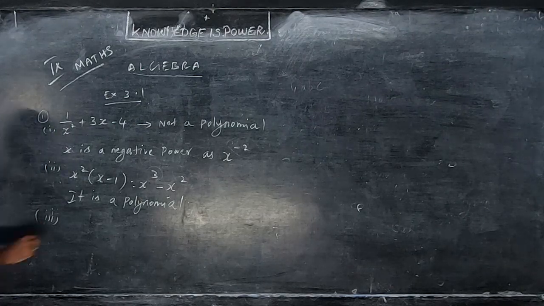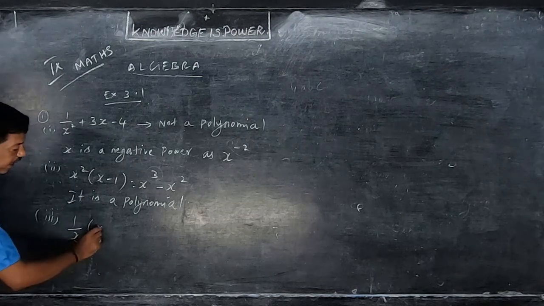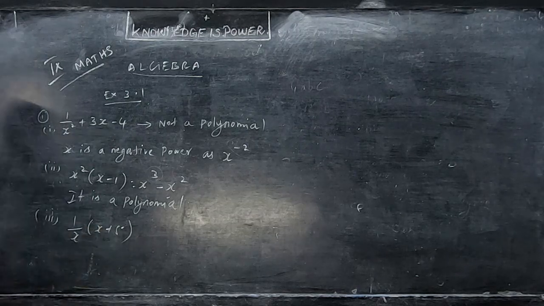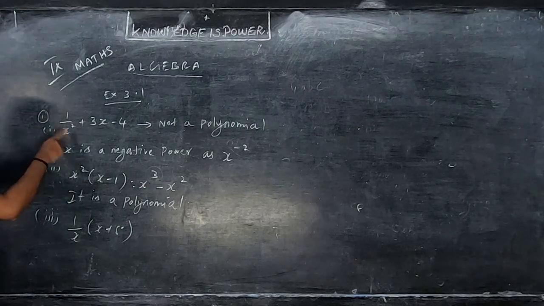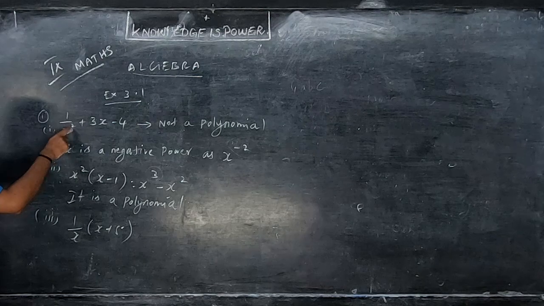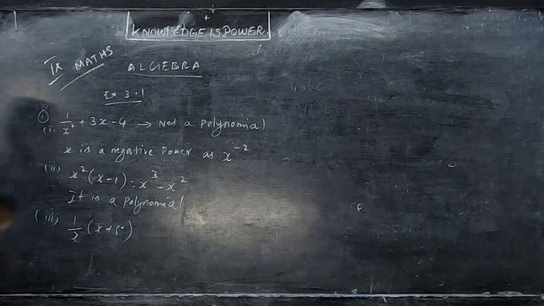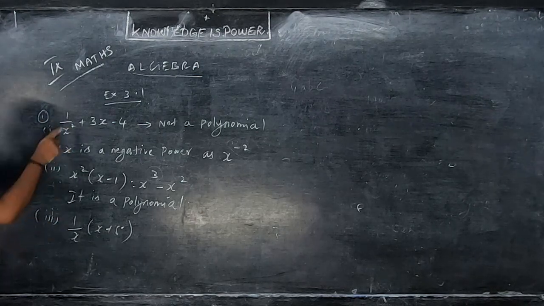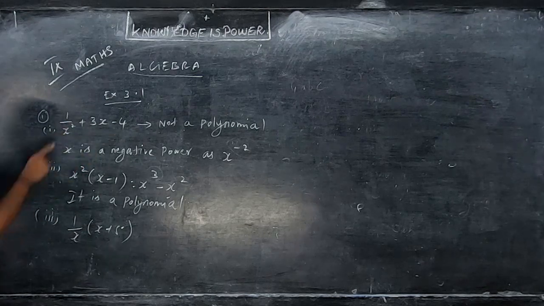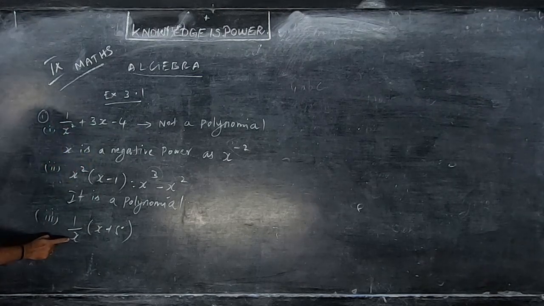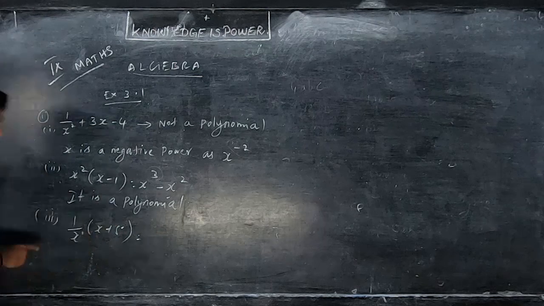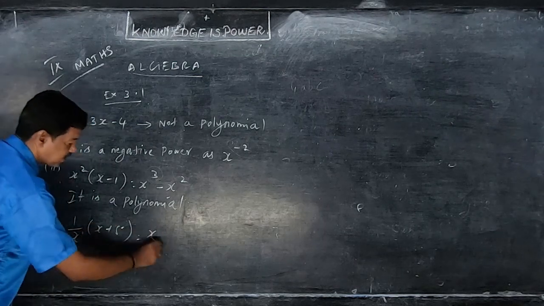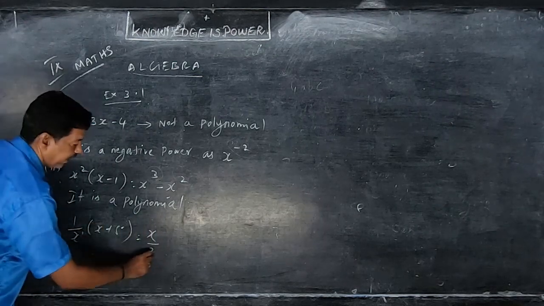1 by x, times x plus 5. Okay, so already what I told, x is in the denominator. If x has some power in the denominator, that should be a negative. If it is negative, when it goes up it will become positive. But here it is a positive power. Here also the power we have to treat as 1. So when you multiply this, see what we will get. 1 into x, x, divided by x.